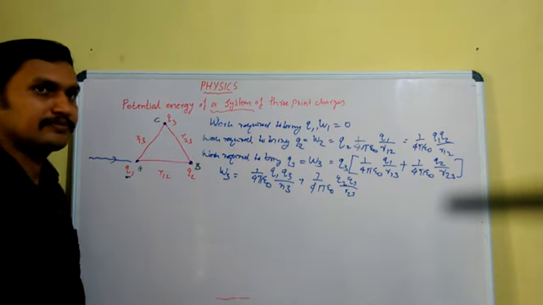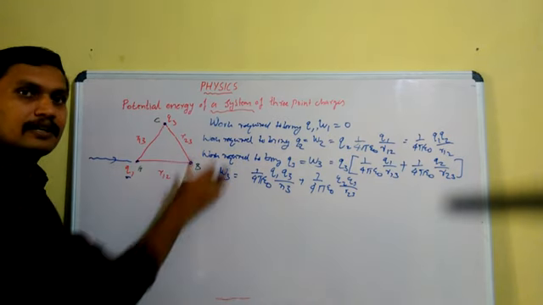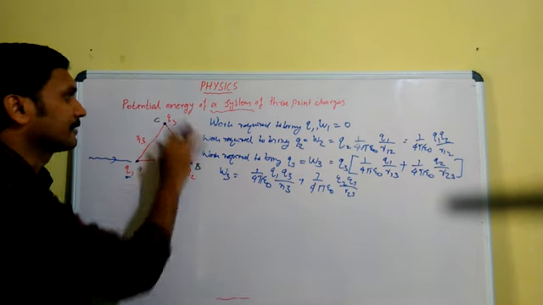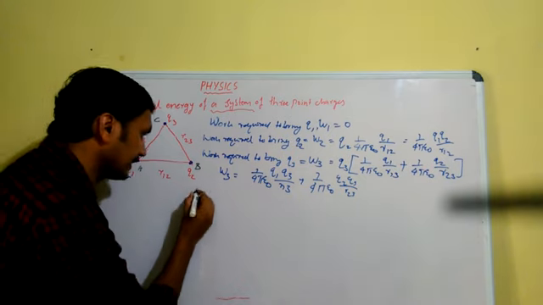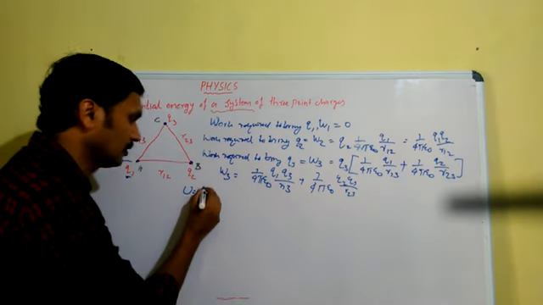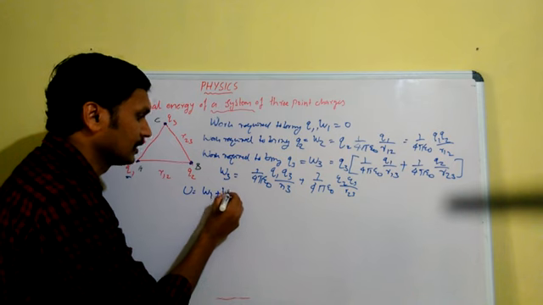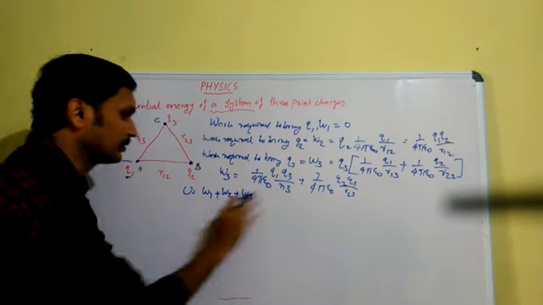This is W3. By definition, the total work done to assemble these charges is stored as potential energy. So the potential energy of the system of charges, U, is equal to W1 plus W2 plus W3.